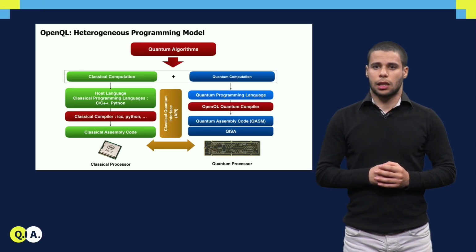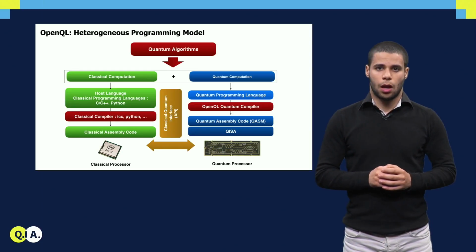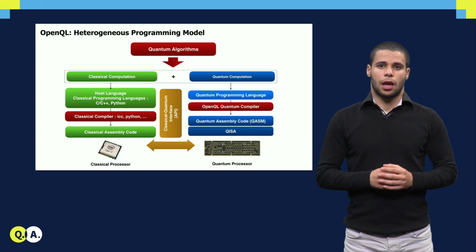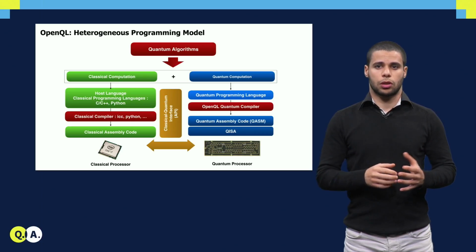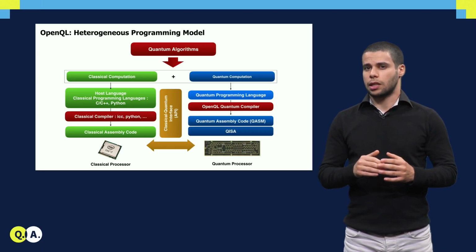OpenQL follows a heterogeneous programming model, where the quantum computer is considered as an accelerator, and the general-purpose processor is used as the host processor. OpenQL supports two high-level languages for now, which are C++ and Python.